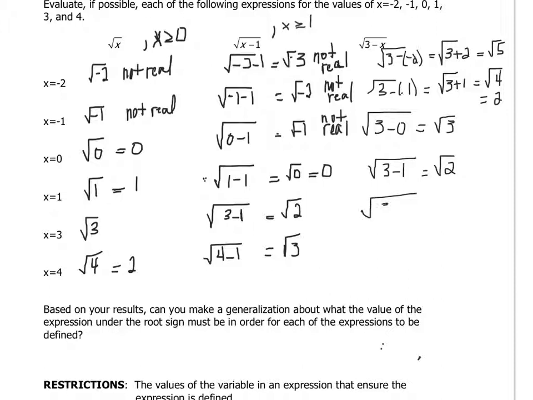And if we plug in 3, we get 3 minus 3, which is the square root of 0, which is 0, so that's defined. But if we plug in 4, we get 3 minus 4, which is the square root of -1, which is not defined in the set of real numbers.